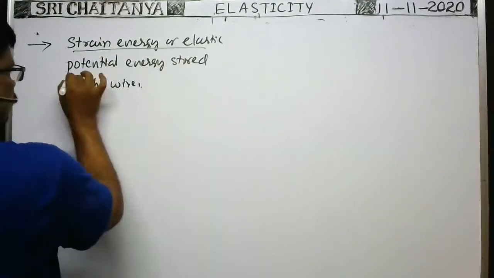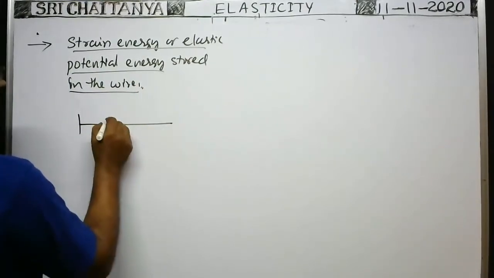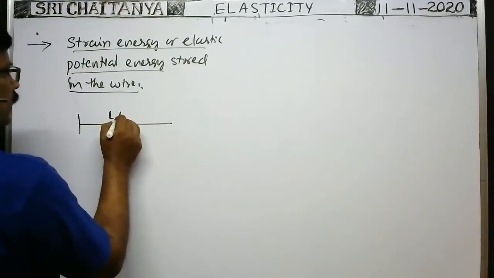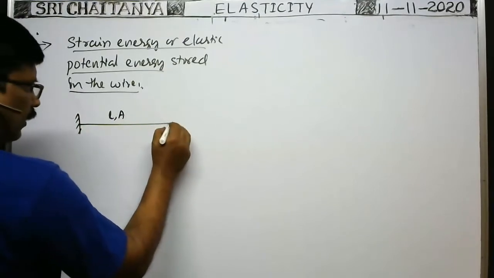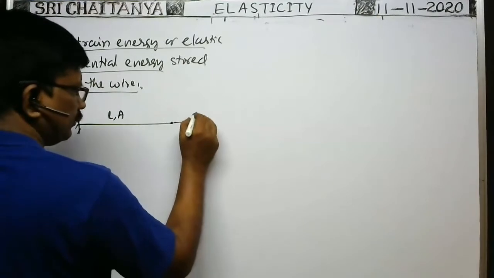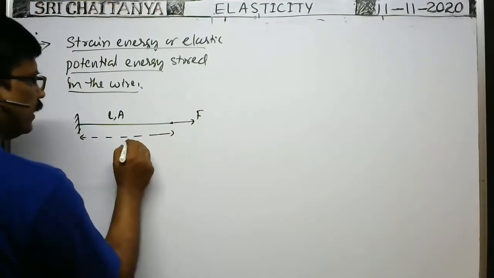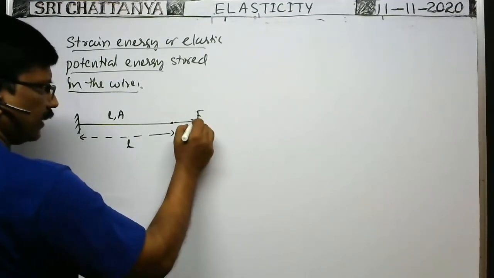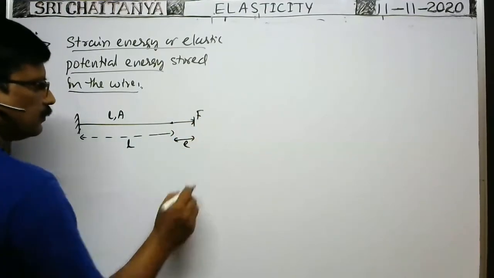Okay, suppose one wire is there having length L and area of cross section A. This wire is stretched by means of a force F. Original length is L. Whenever the wire is stretched by a force F along its length, the wire increases up to this length, so this is the elongation in the wire.